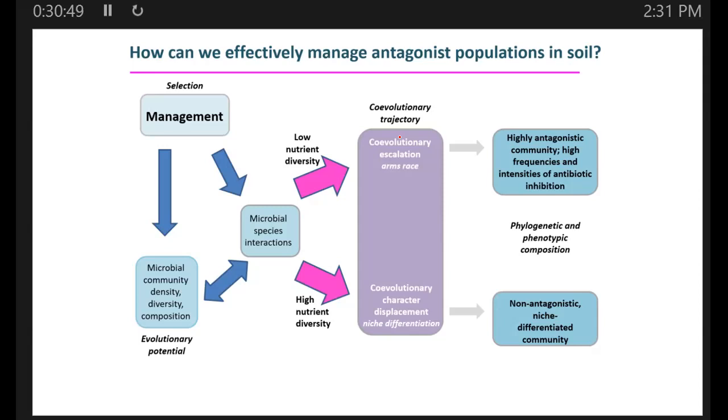We need to think a little more about this, because you might have heard there's a lot of push to do polycultures, like that's a healthier way of growing food. And the answer to that is yes and no. It depends on your soil system and what pathogens might be there. Yes, it could be great, but it could also lead to disease pressure under the right conditions.